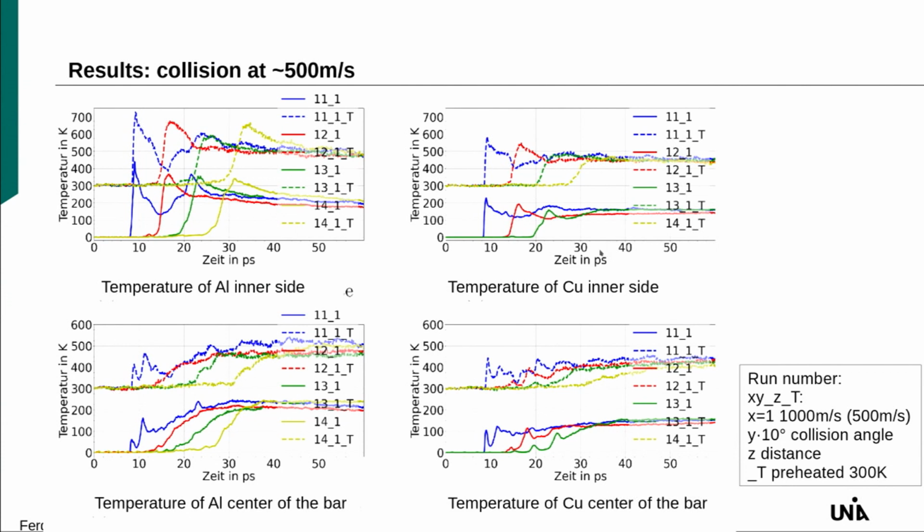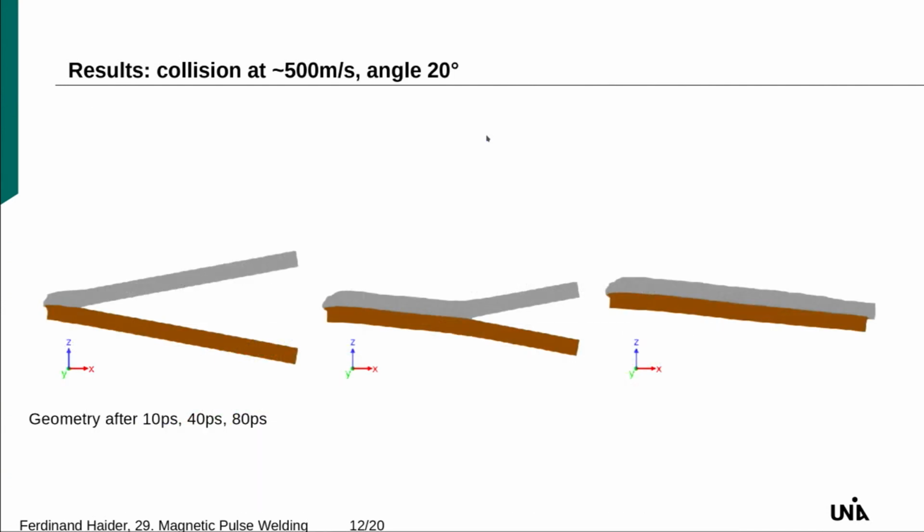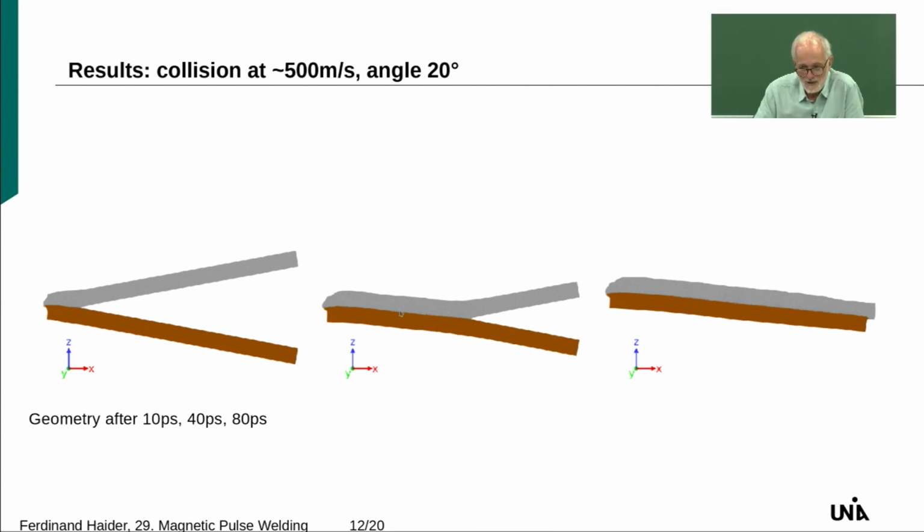And you see that here this effect is already less pronounced. Unfortunately, I have no movies because I took these pictures just from the thesis. Here are 3 different time instants. At 10 picoseconds you see the joining starts and then migrates along this line, and at the end you have this nice joint.